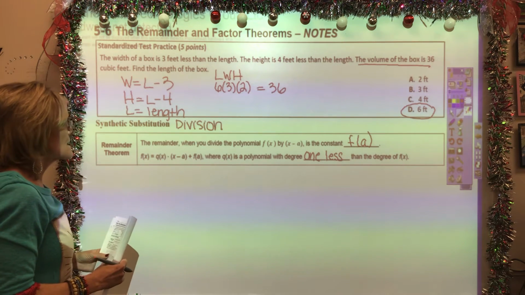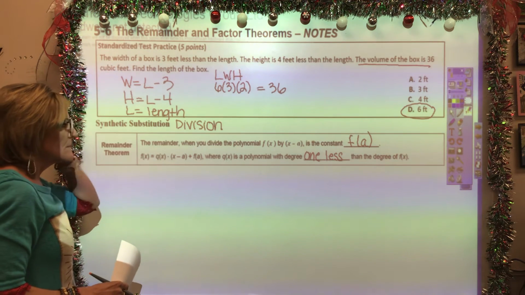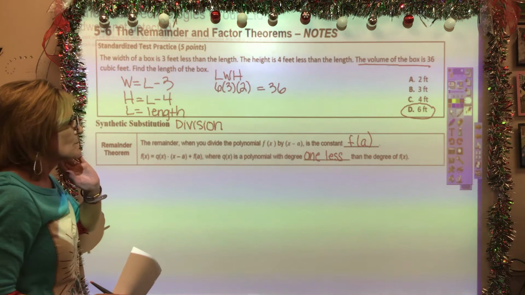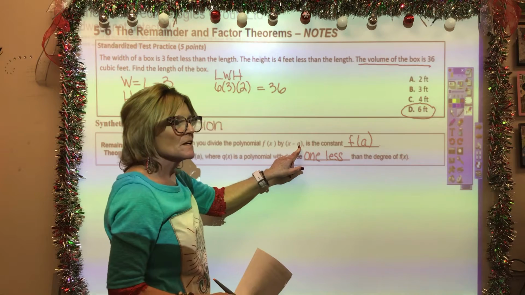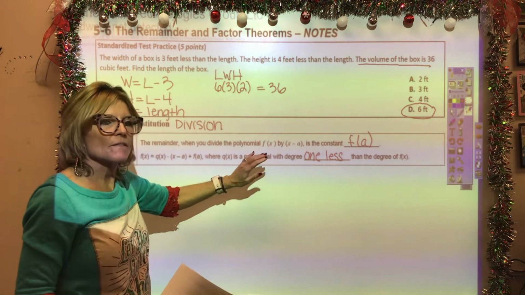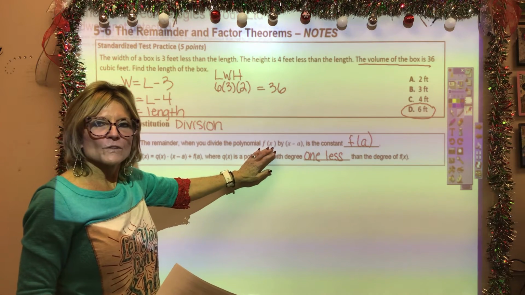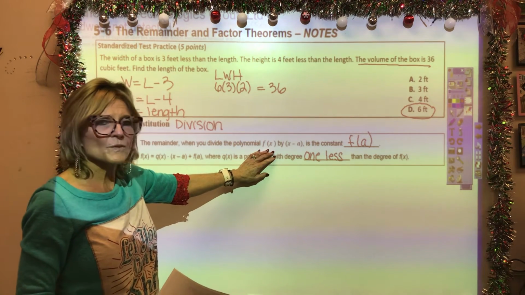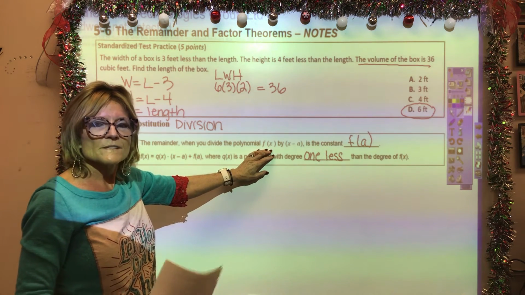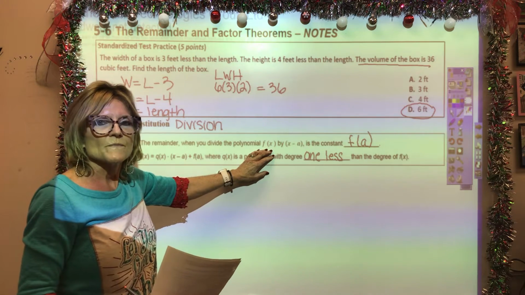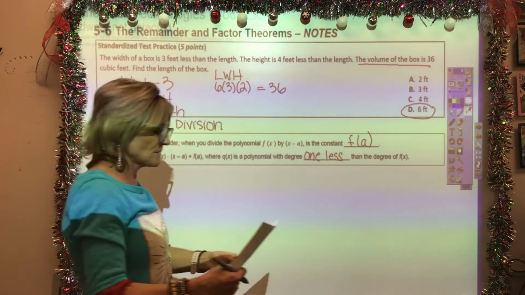Basically, what I can say is when you have a remainder of some sort, plugging in this value of a into synthetic division, then that tells you that that value is not a divisor. So we're looking for whether or not a certain number is a factor of the polynomial. Let's look at an example so you can see what I'm talking about.